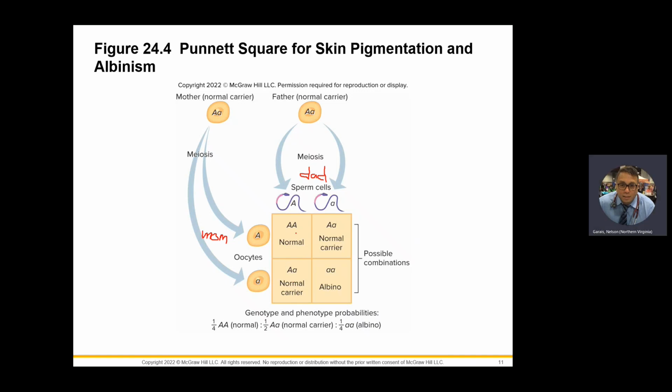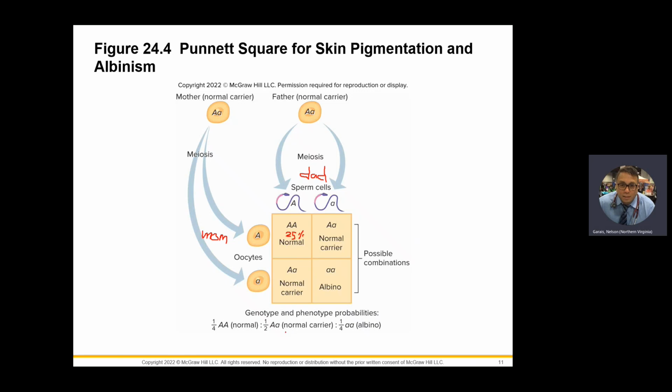So you can see here that 1 out of 4, or 25%, is perfectly normal. So with skin pigmentation, they're not going to have a problem.